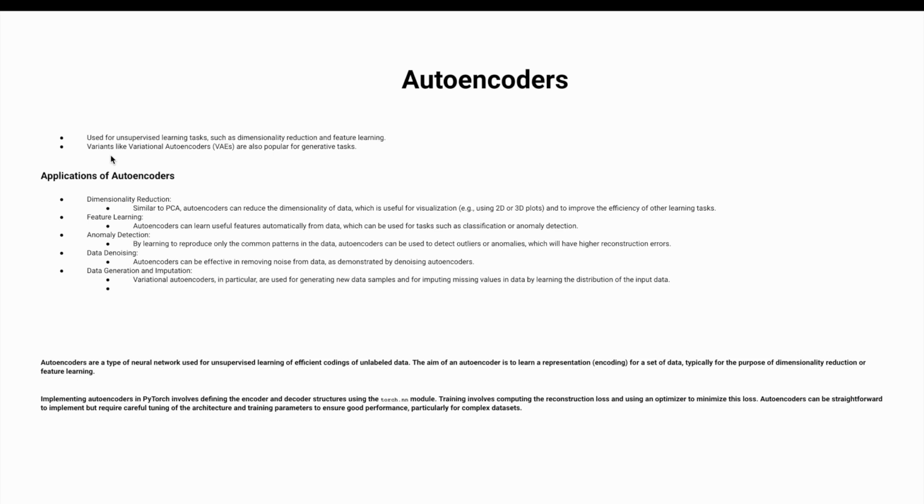And the autoencoders are used for unsupervised learning. The other ones that we're working with are more for supervised learning. Now this one is for unsupervised learning tasks such as dimensionality reduction and also feature learning.